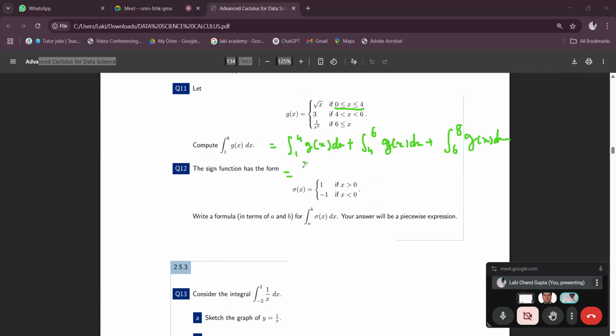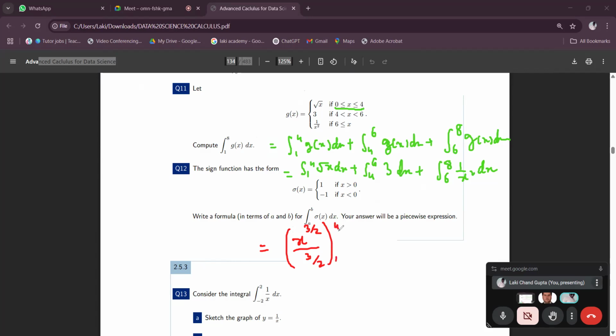From 1 to 4, g(x) is root x. 4 to 6, g(x) is 3. And 6 to 8, 1 over x square, right? You know root x integration is x raised to half plus 1, which is x to the 3 by 2.